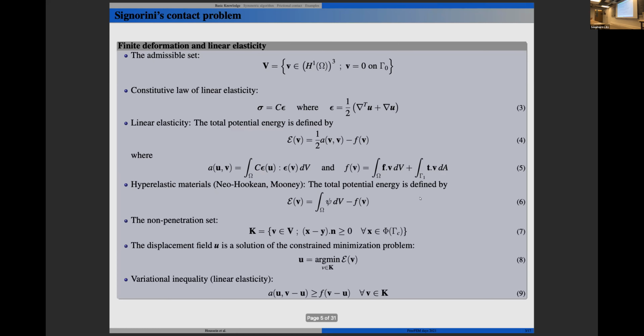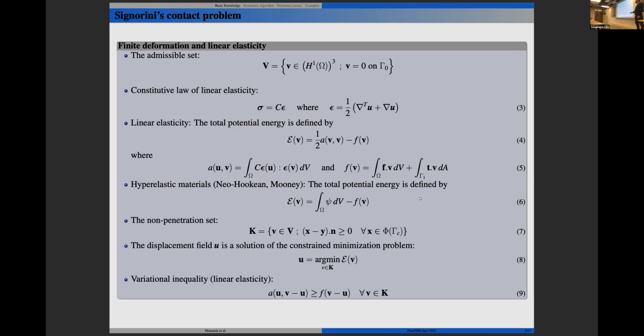And if we define here K, it will describe the non-penetration between the body and the rigid foundation, or between two bodies. Our problem can be expressed as a constrained minimization problem: the minimization of the potential energy over the set K, which describes the non-penetration.